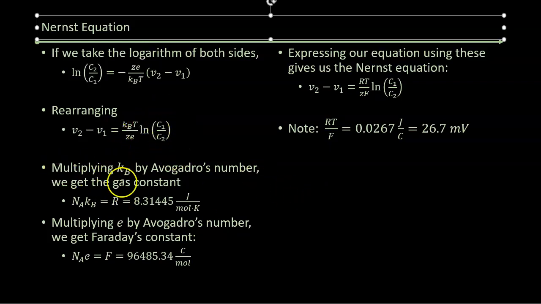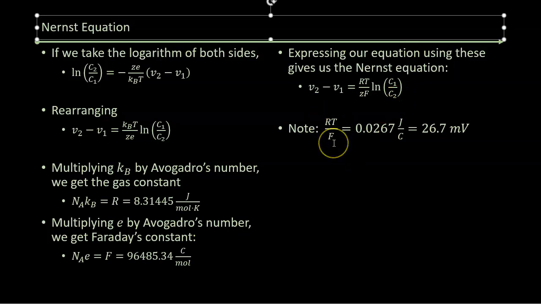And if we multiply the Boltzmann constant by Avogadro's number, we get the gas constant R, and we can multiply e by Avogadro's number, and we get Faraday's constant F. We can express this Nernst equation as: the voltage across the membrane is RT over ZF times the log of the concentrations.